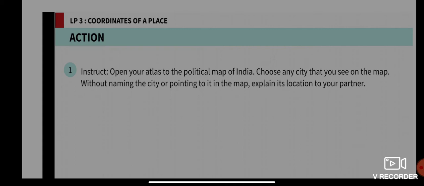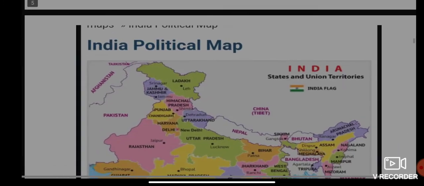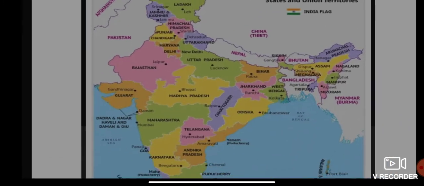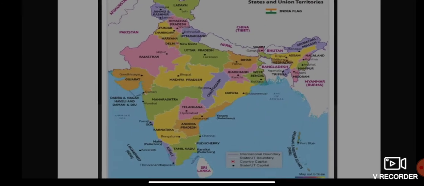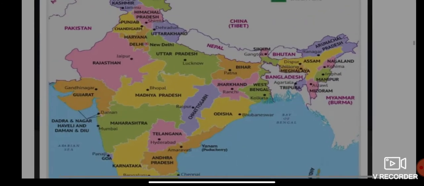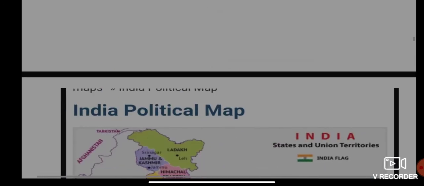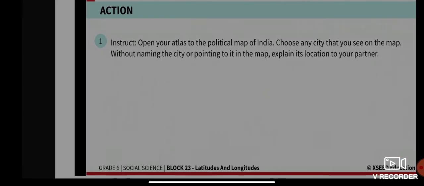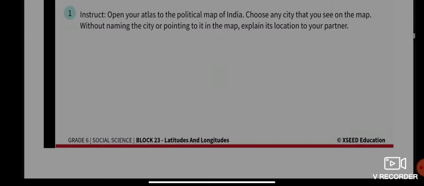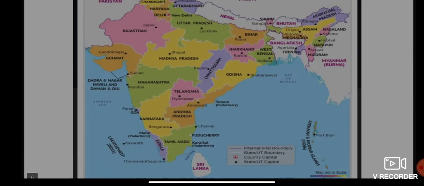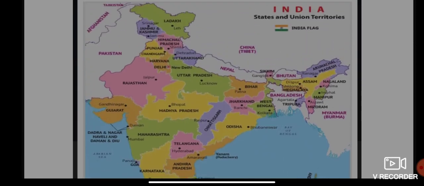There are lots of cities, so you choose any city. Am I clear? And then, without naming the city or pointing it out, you have to explain where it is located.